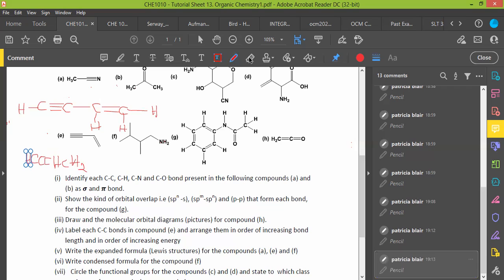So if you are writing the condensed, this is the condensed formula. HC represents this one, and then C, that is the C here, and then CH, that is the CH, and CH2, that is the CH2 here. So this is the condensed. In the condensed, you don't show the vertical nor the horizontal bonds.